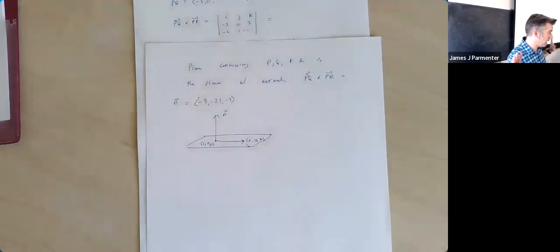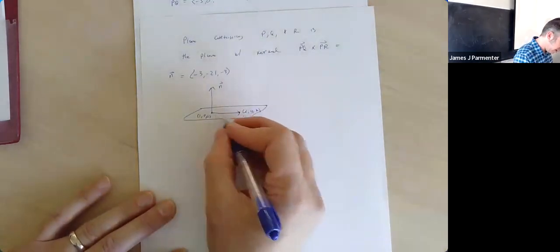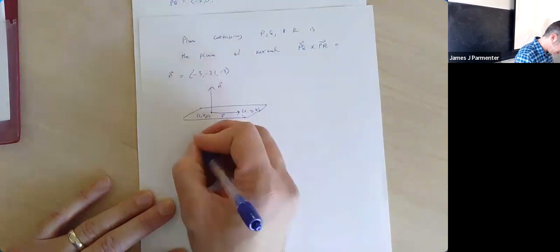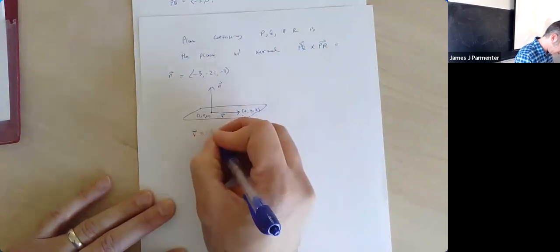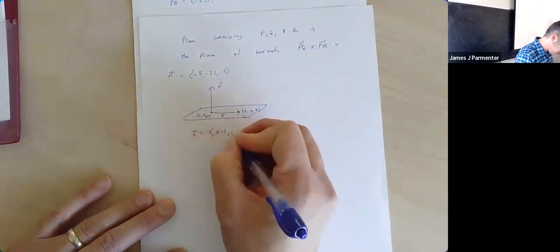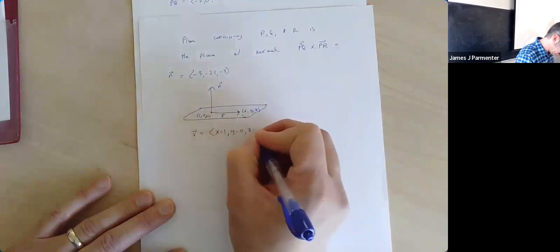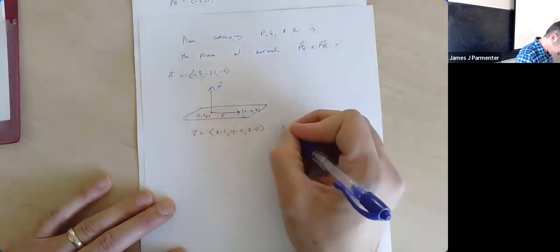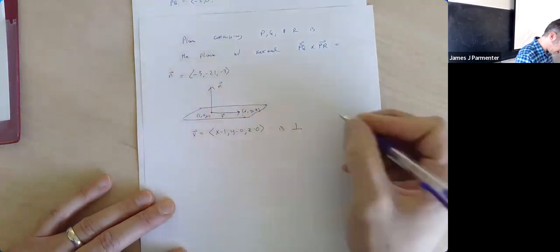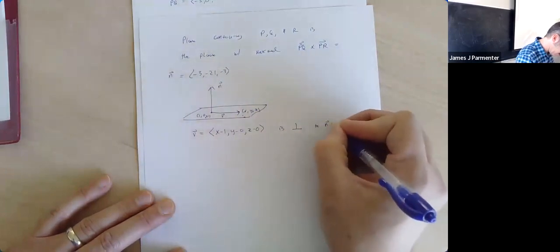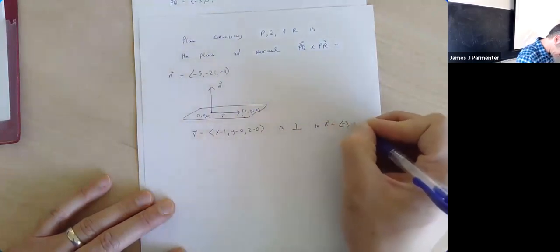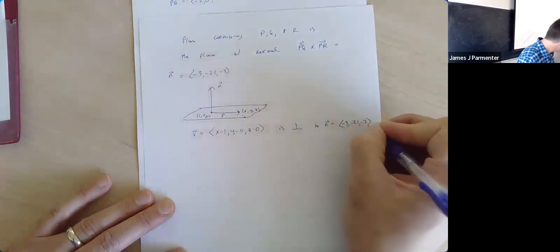Any vector in the plane has to be orthogonal to the normal vector. So let's call this vector V, equal to x minus 1, y minus 0, z minus 0. It must be perpendicular to n equal to -3, -21, -3.